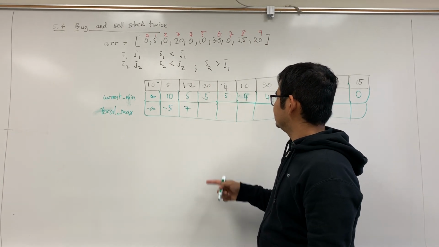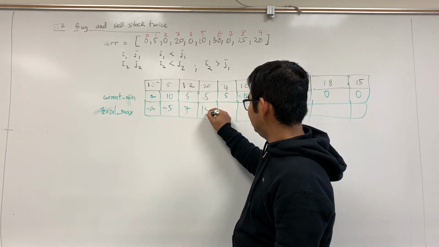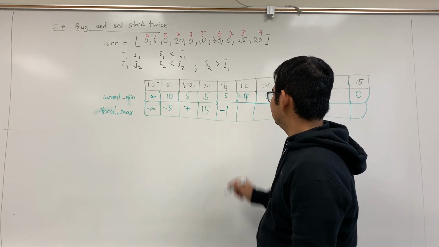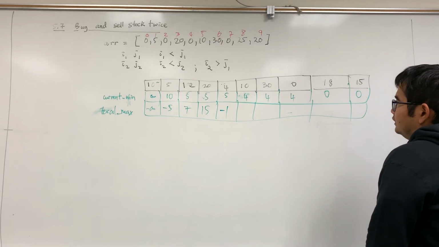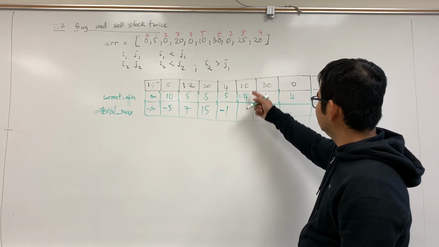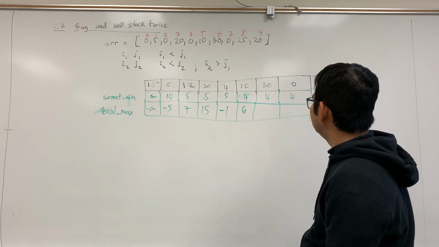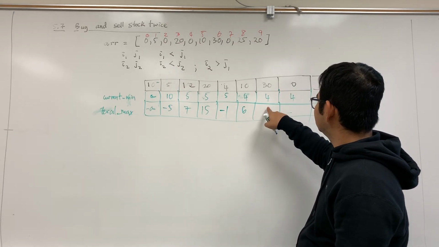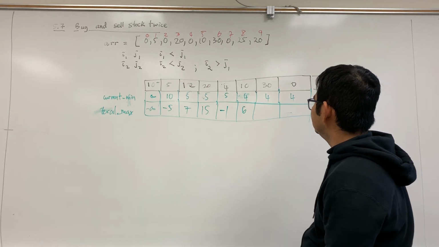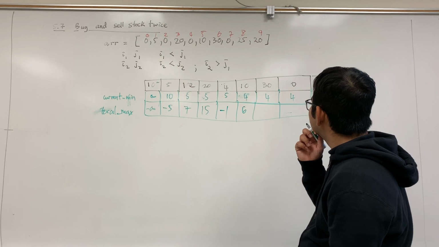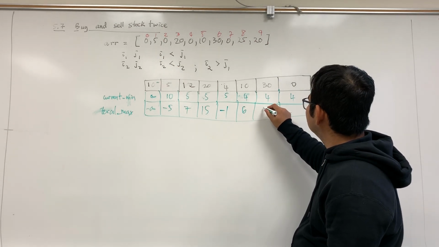And 20 minus 5, we get 15. 4 minus 5, we get negative 1. 10 minus 4 would be 6. 30 minus 4 would be 26.